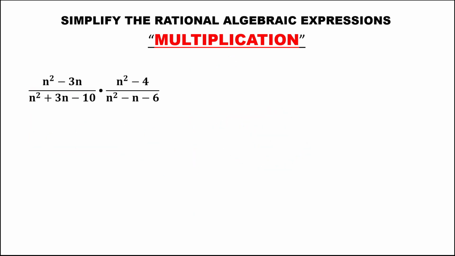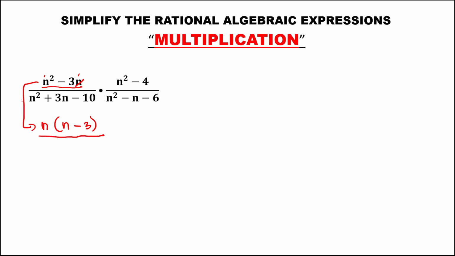Then for this given, again we need to check if we can factor out some expression. For this expression, there is a common factor, divisible by n. So we need to put n outside, and this becomes n to the power 2 divided by n, so this is n, minus 3n divided by n, that's 3.